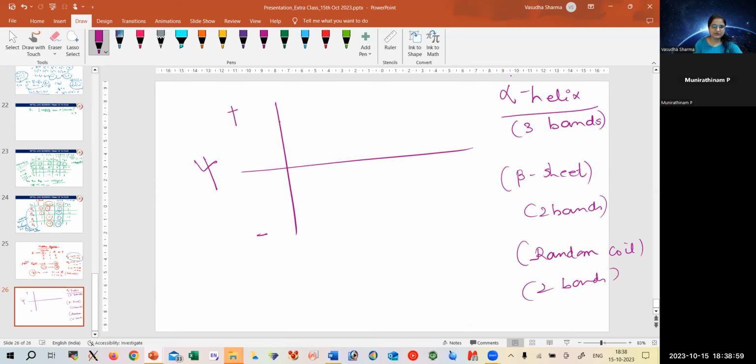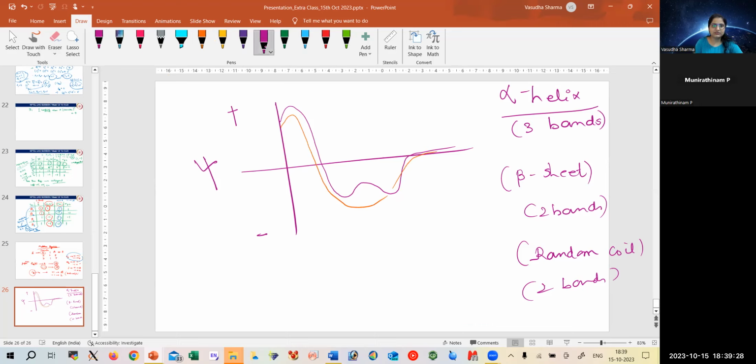So alpha starts from the positive and it is having 2 bands in the negative region. Then we have beta sheet, which also starts from the positive and has 1 band in the negative region.